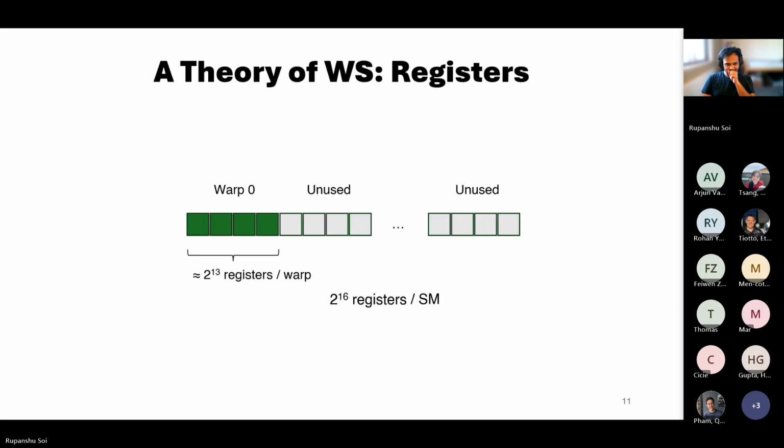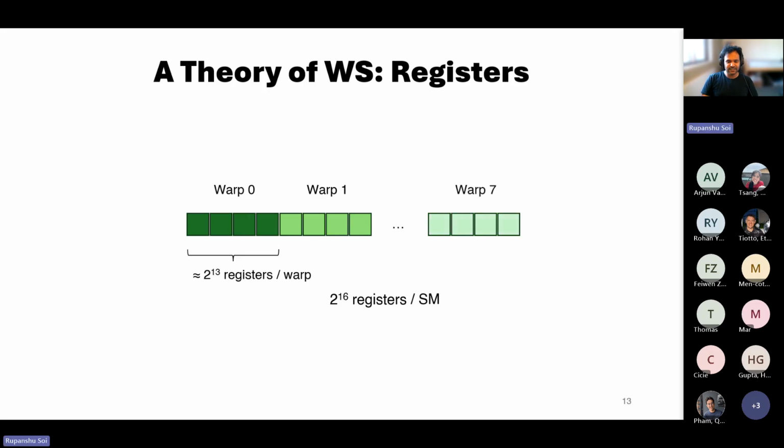Okay. So, a Hopper SM has 2 to the 16 registers. If your program only has a single warp, most of these registers are unused because a warp can only address about 2 to the 13 registers. What that means is if you add an extra warp to your program, then you can access more registers.